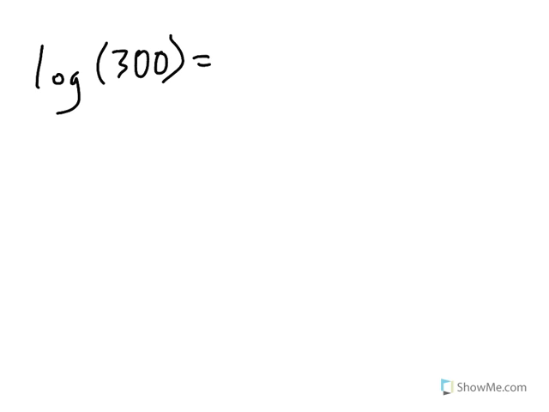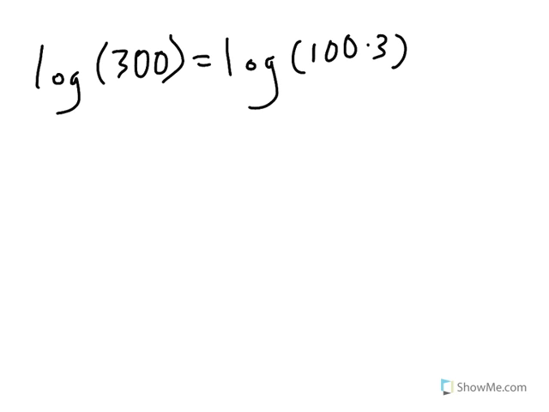Another time we may find it useful to use the product property is even when there's not a clear multiplication problem inside of there. We have a base of 10 again, and now in our argument we have 300. I'm looking at this as the log base 10 of 300 and thinking there's no multiplication there, but I could rewrite it as the log of 100 times 3.